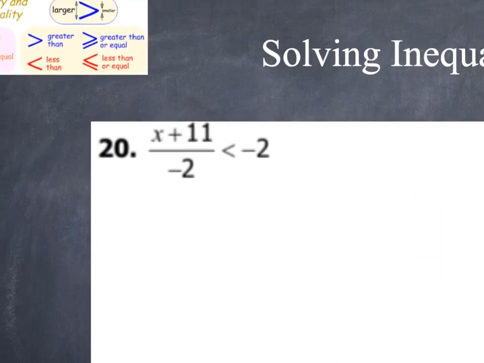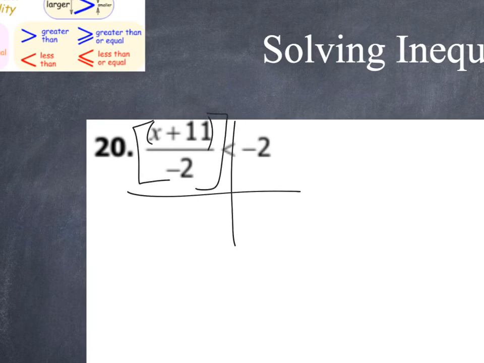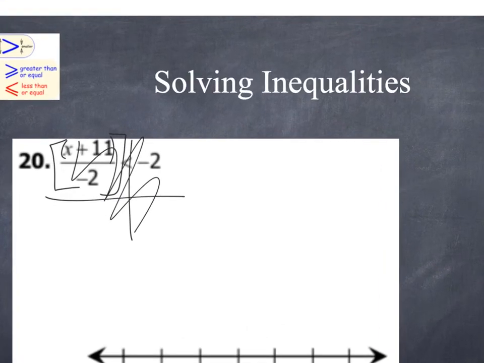Here's an example where we would have to do that. If you take a look at this, we have x plus 12 divided by -2 is less than -2. So just like an equation, we're going to want to get rid of that -2 first. This seems kind of jumbled, so I'm going to rewrite the problem right over here. X plus 11 over -2 is less than -2.